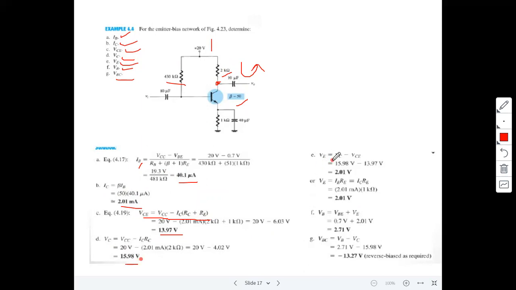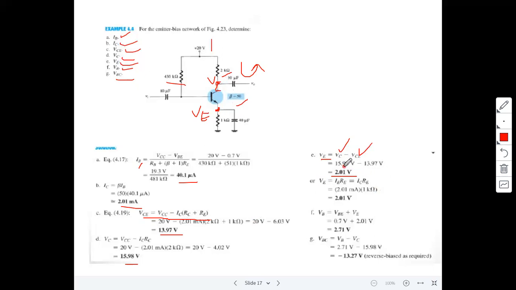Then VE, this is the emitter voltage. VE is equal to collector voltage minus junction voltage VCE. VC minus VCE, that is equal to 2.01 volt. So VE is equal to VC minus VCE, collector to emitter voltage.